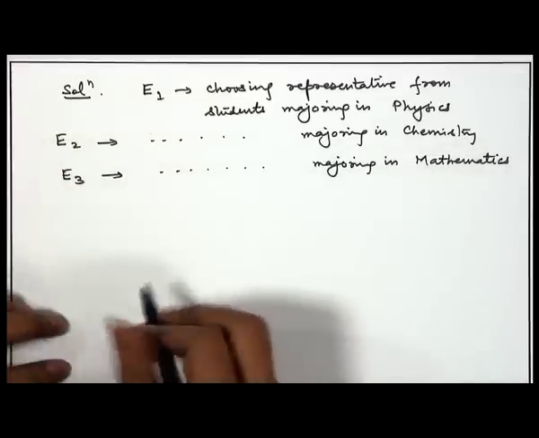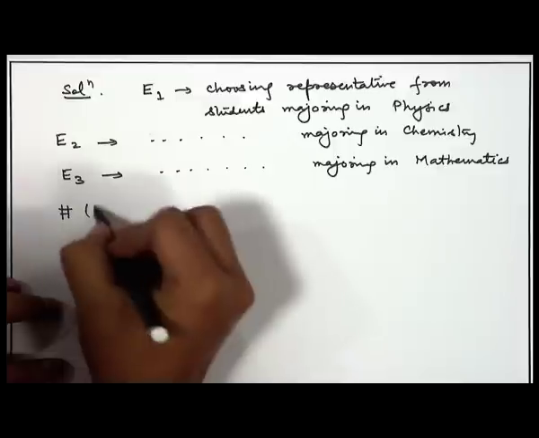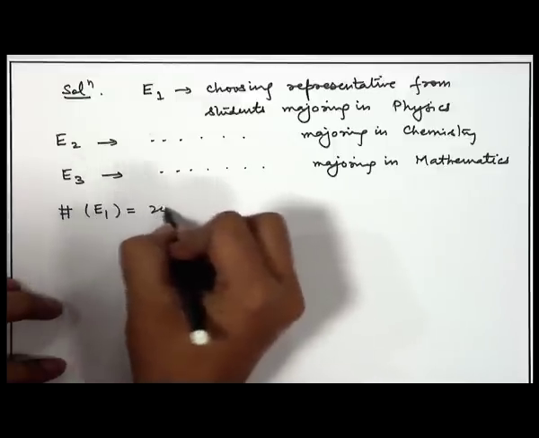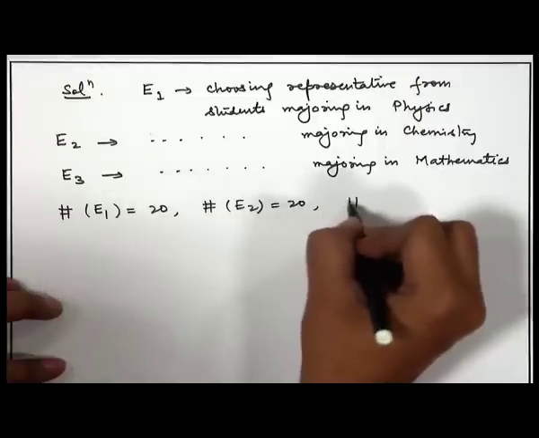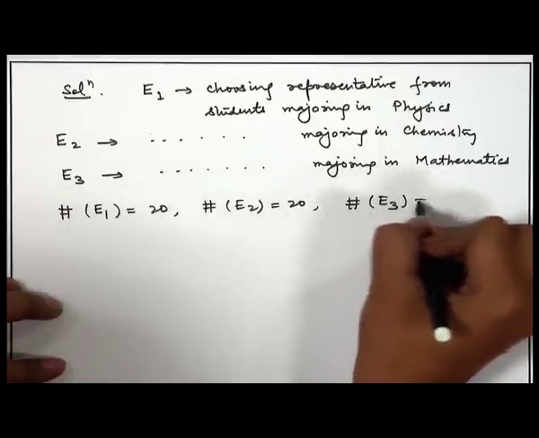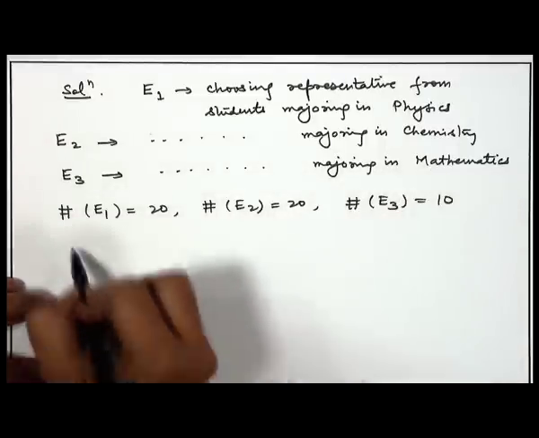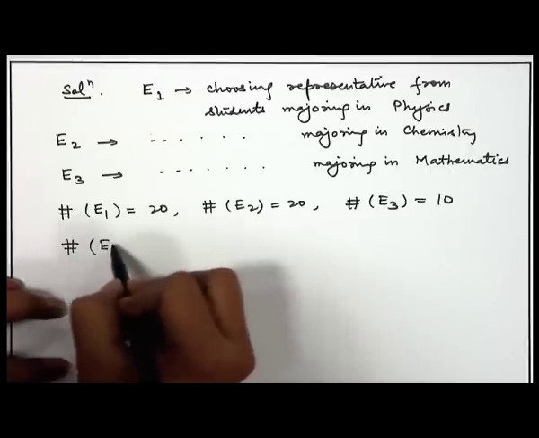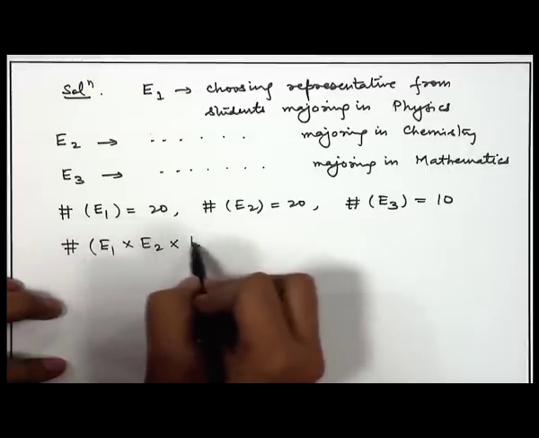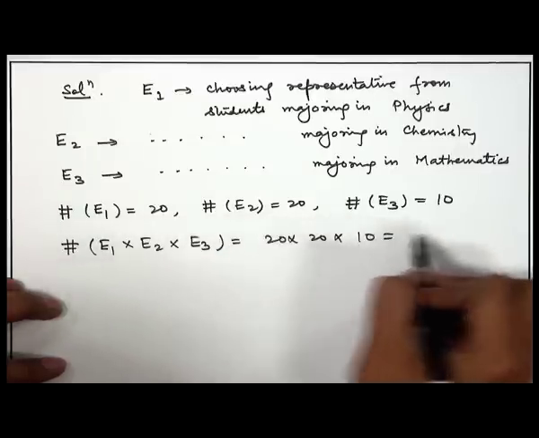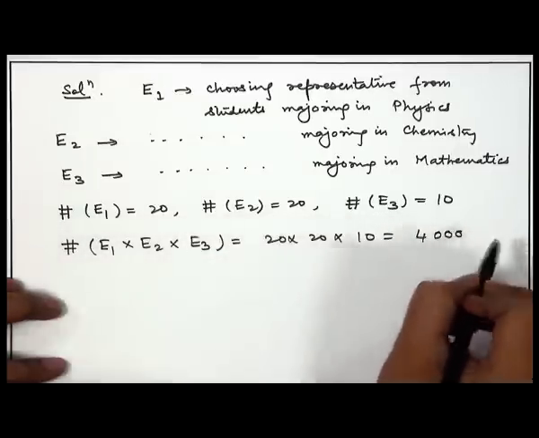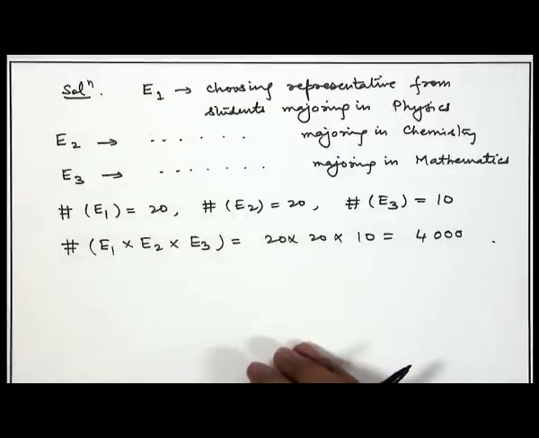Then the cardinality of E1 is 20, the cardinality of E2 is 20, and the cardinality of E3 is equal to 10. Therefore, the cardinality of E1 cross E2 cross E3 is nothing but 20 into 20 into 10, that is equal to 4000. So, there are 4000 different ways of choosing 3 representatives, one from each group.